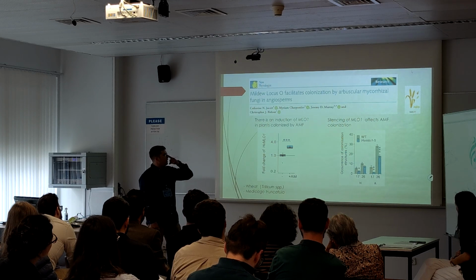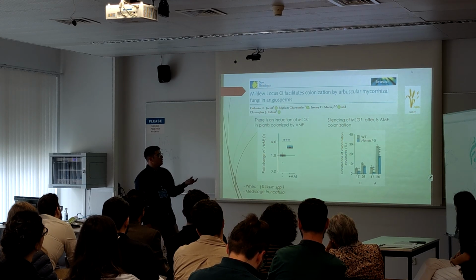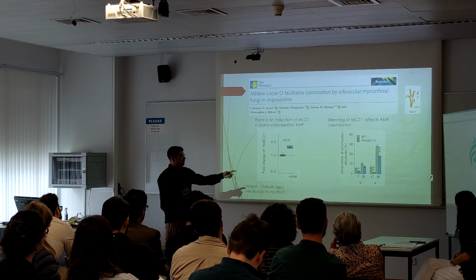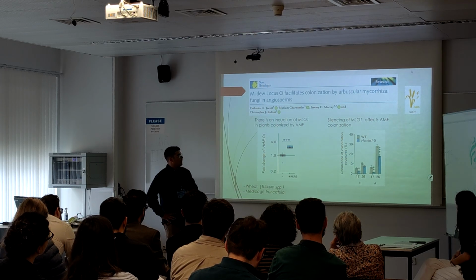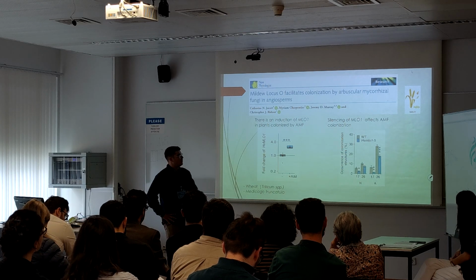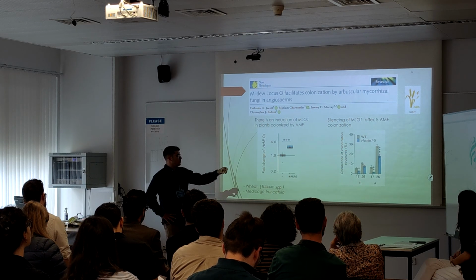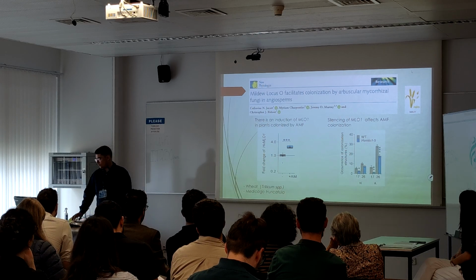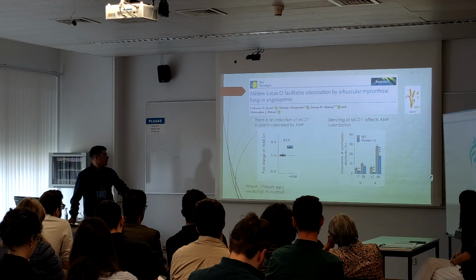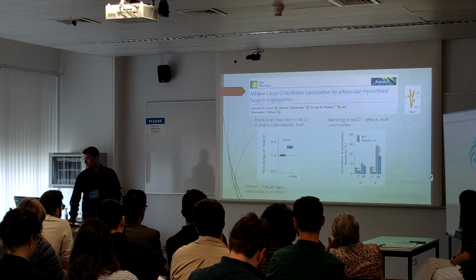And on the other side, if we silence the MLO gene, it affects the colonization, and if we look at arbuscules, we have a decrease of colonization and of colonization structures in the plants. This was also studied in wheat and Medicago truncatula.